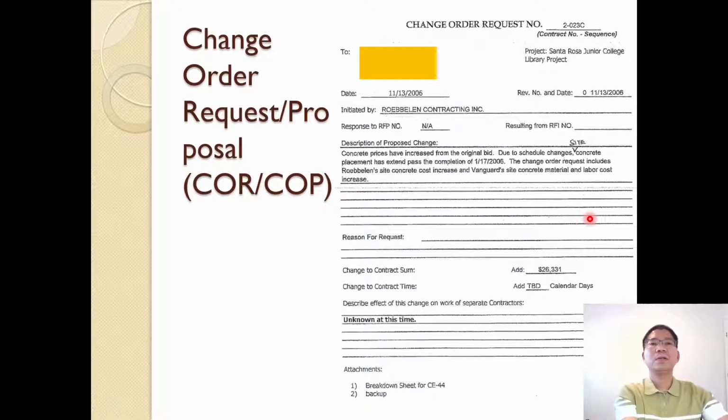So here is a change order request by Ruberland Contracting Inc. for the Santa Rosa Junior College Library Project, something I talked about earlier. So what is the proposed change and what is the cost involved, including 26,000, and any effect on the work of other contractors is unknown. Calendar days effect to be determined.